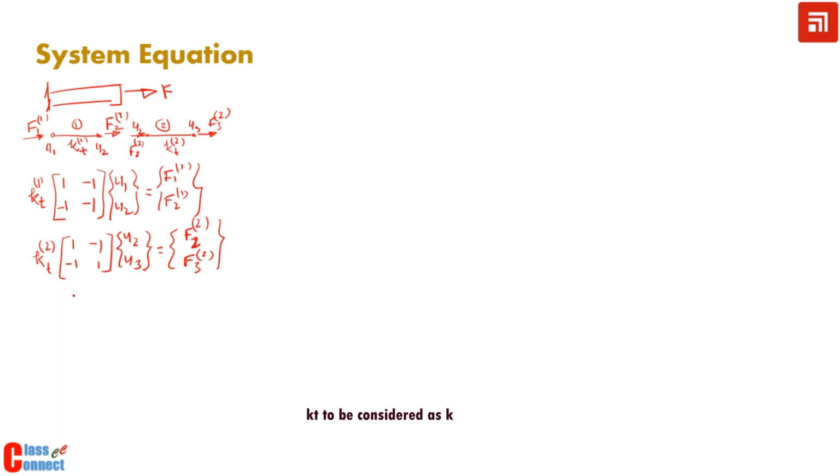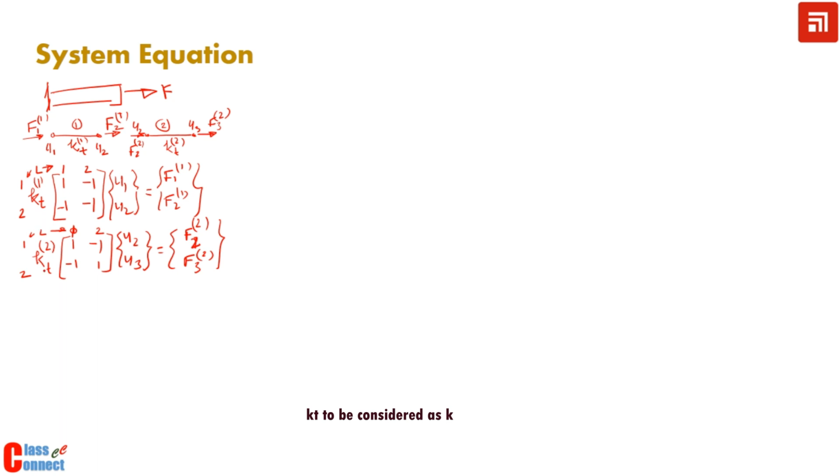So for assembling these two equations into a system equation, we first have to mark the local numbering. This is node number 1, node number 2, node number 1, node number 2; 1 and 2, 1 and 2. These are the local numbers. Similarly, we can mark the global numbers.